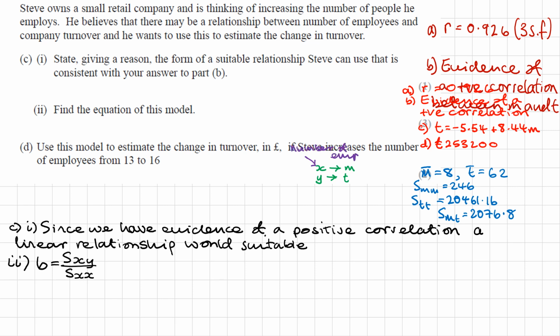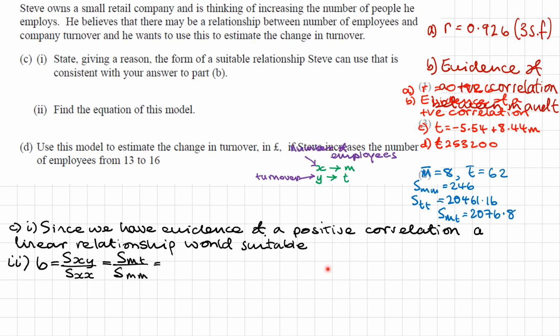Just think about which one is the explanatory variable, and which one is the response variable. So y has to be the turnover. In our question, Sxy will be SMT and Sxx will be SMM.